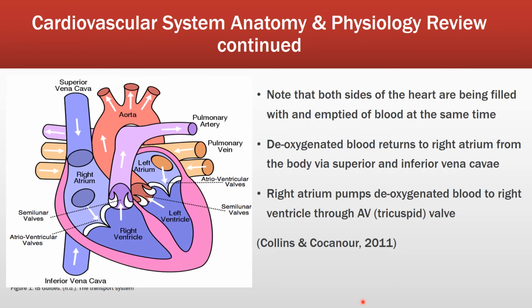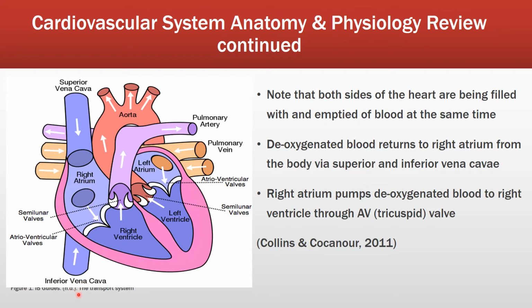Okay, so on this slide you can see we have a very nice, very clear diagram of the heart, and it shows all the valves and the blood vessels and the chambers of the heart. So here we see, as I was saying, the deoxygenated blood comes into the right atrium through the vena cava.